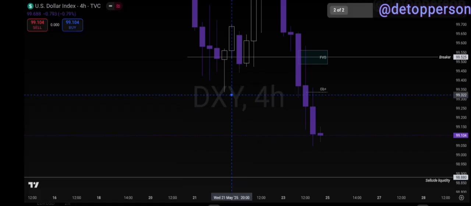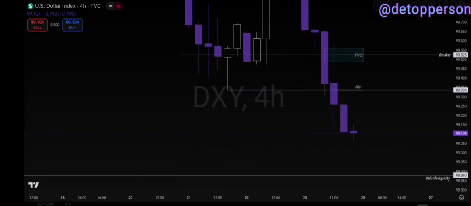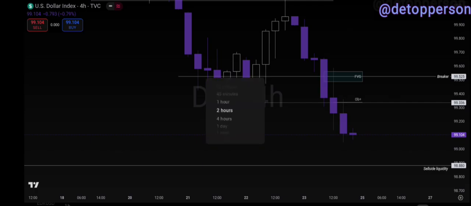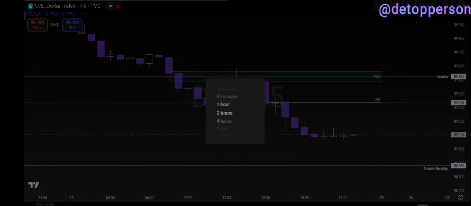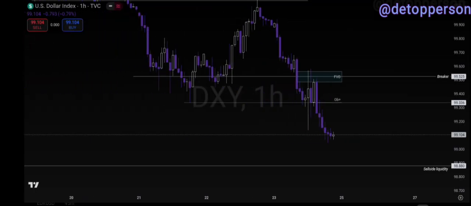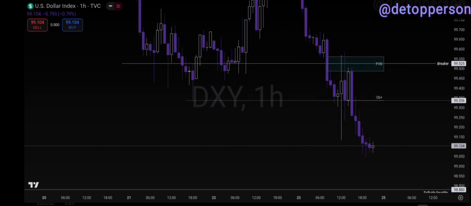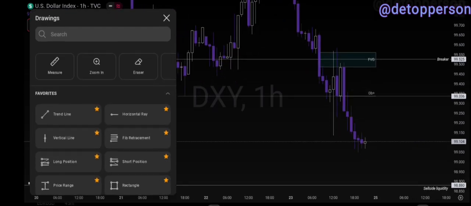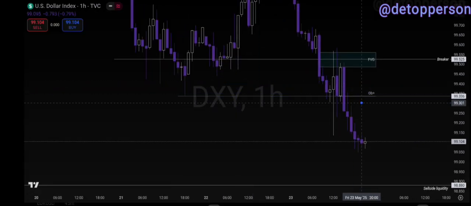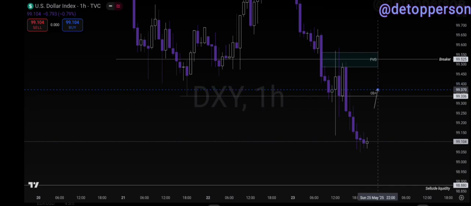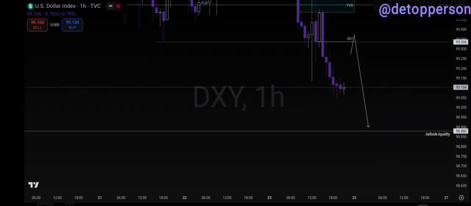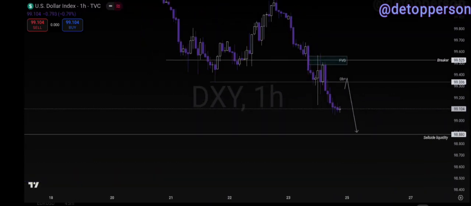Price closed below it, and you could see how aligned it is. So on the 1 hour we have a breaker that is in alignment with an order block. So we could have something like this on DXY, price coming into this point right here and then selling all the way down to our target. You just want to be patient to see what price actually does.